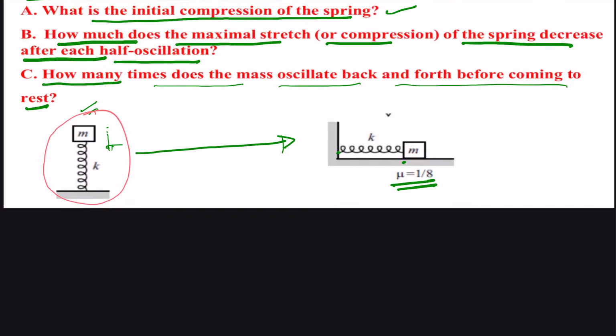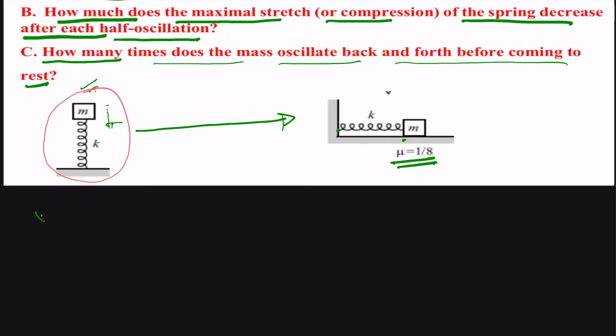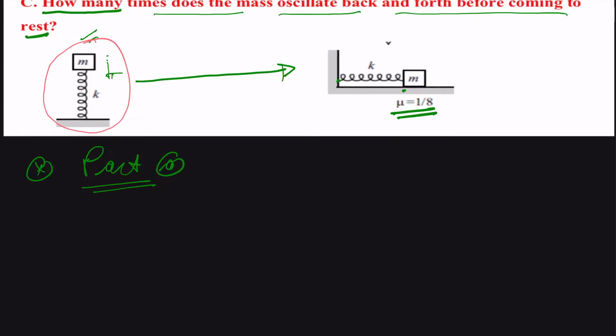So we start with part A. When the mass is lowered, it will end in equilibrium position when the gravity is going to balance the spring force.